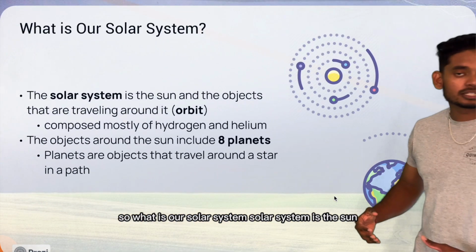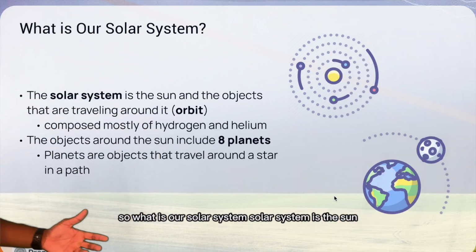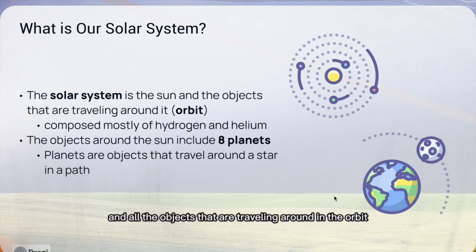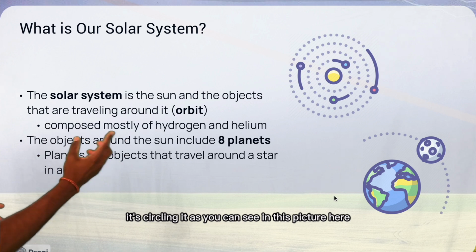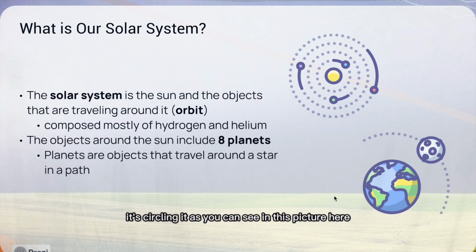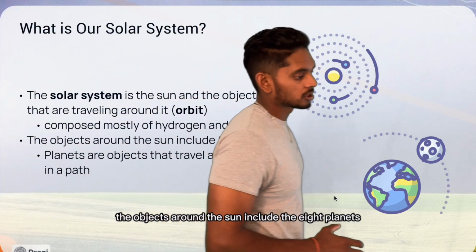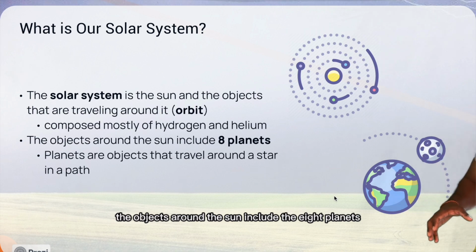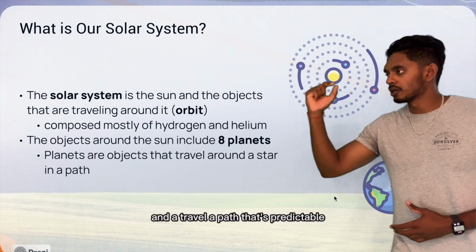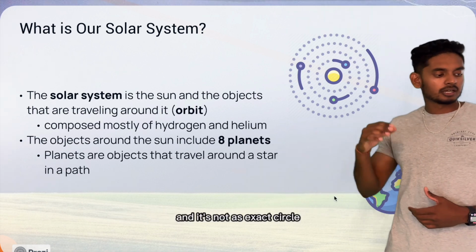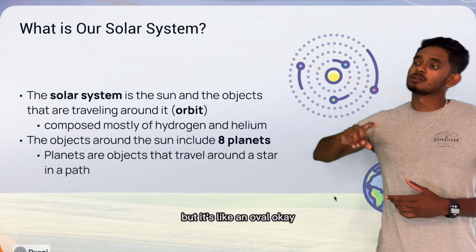So, what is our solar system? The solar system is the sun and all the objects that are traveling around in the orbit. It's circling it. As you can see in this picture here, the yellow is the sun and those other things are circling it. It's orbiting. The objects around the sun include the 8 planets, and they travel a path that's predictable, and it's not an exact circle, but it's like an oval.